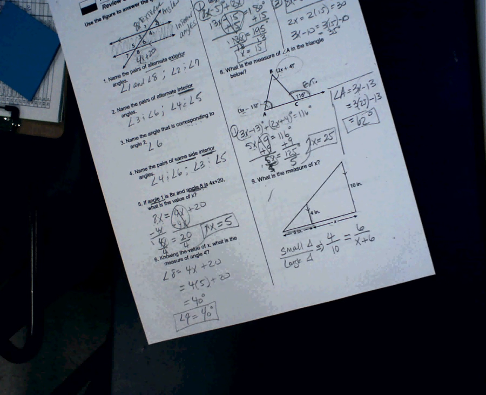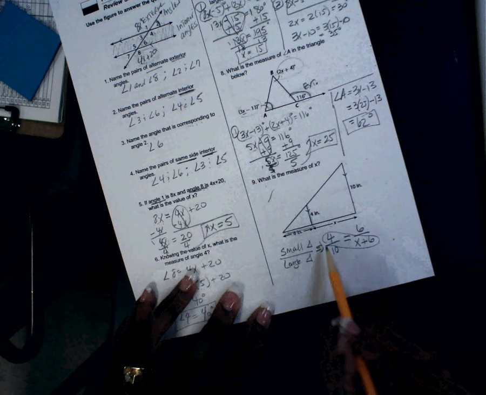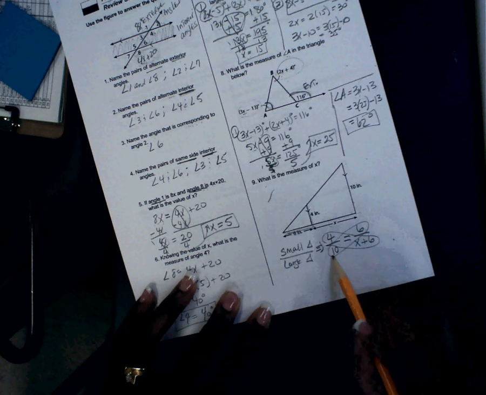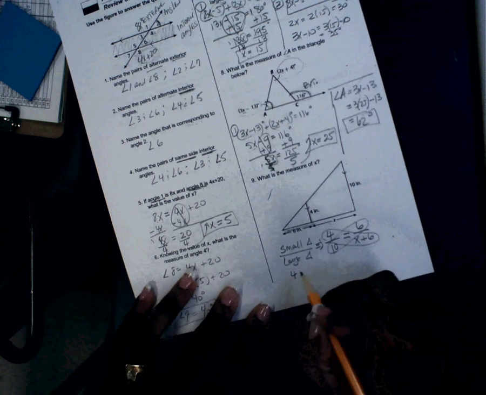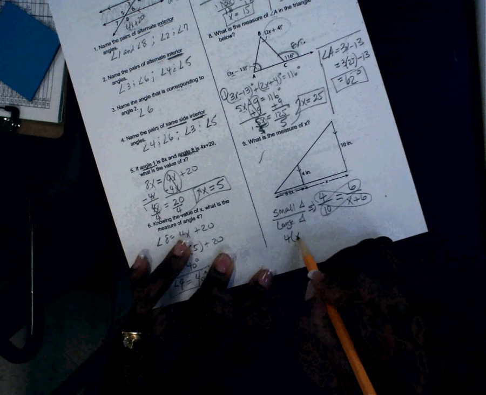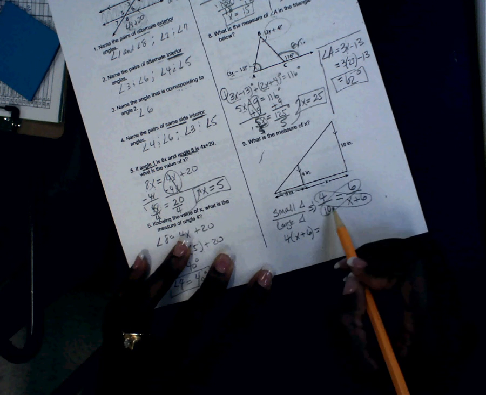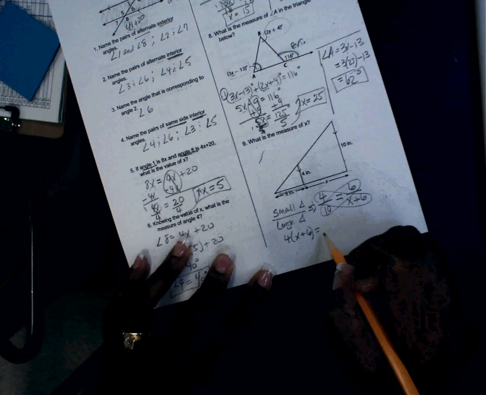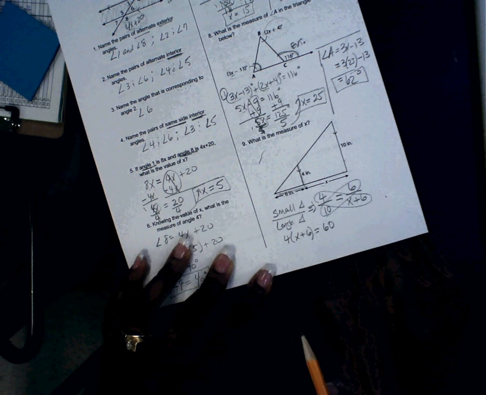And then the next step we need to do is cross products, or cross multiplication. So we're going to multiply these two, and we're going to multiply those two. So for this, we have 4 times x plus 6 equals 10 times 6. I'm going to go ahead and multiply that now.